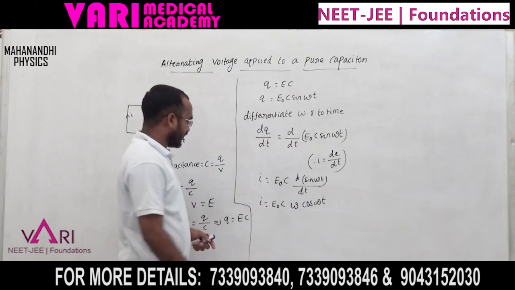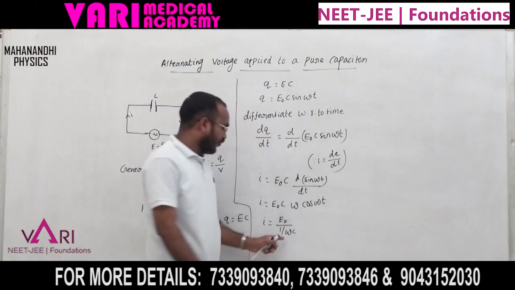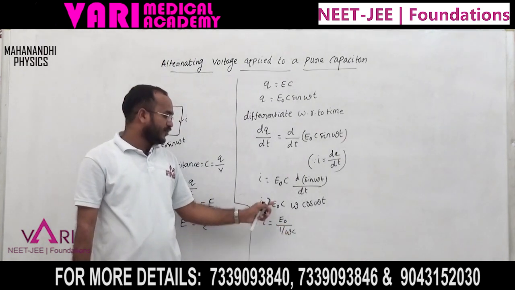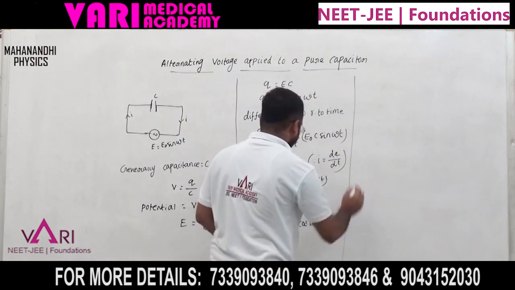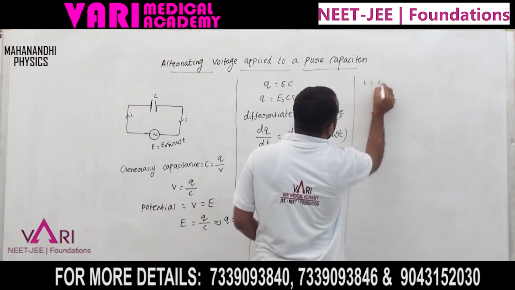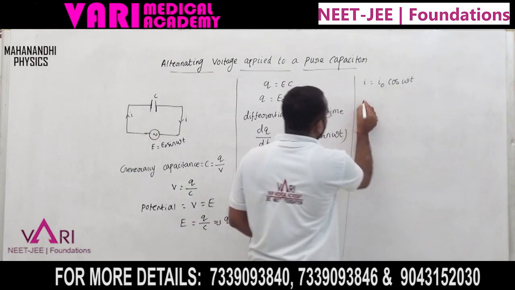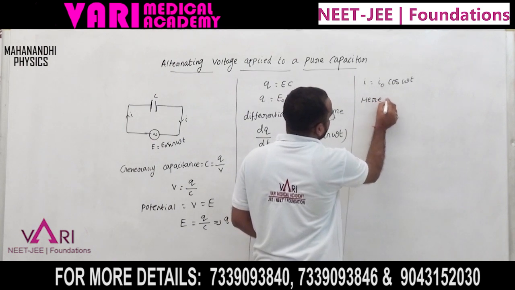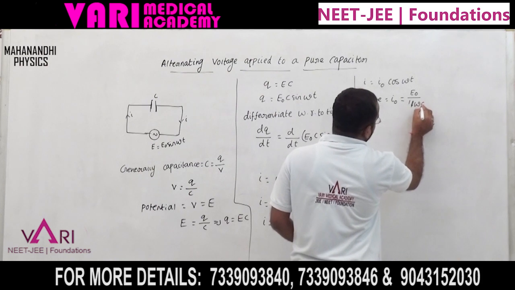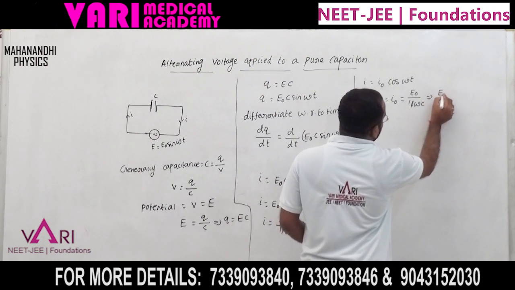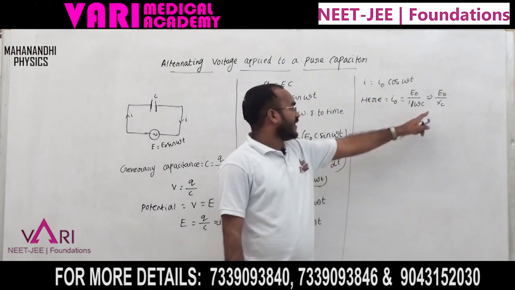Now I equal to E naught by 1 by omega C, applying the reciprocal of omega C, so it comes in the numerator, times cos omega t. So I equal to I naught cos omega t, where I naught equal to E naught by 1 by omega C. This 1 by omega C is the capacitive reactance XC.